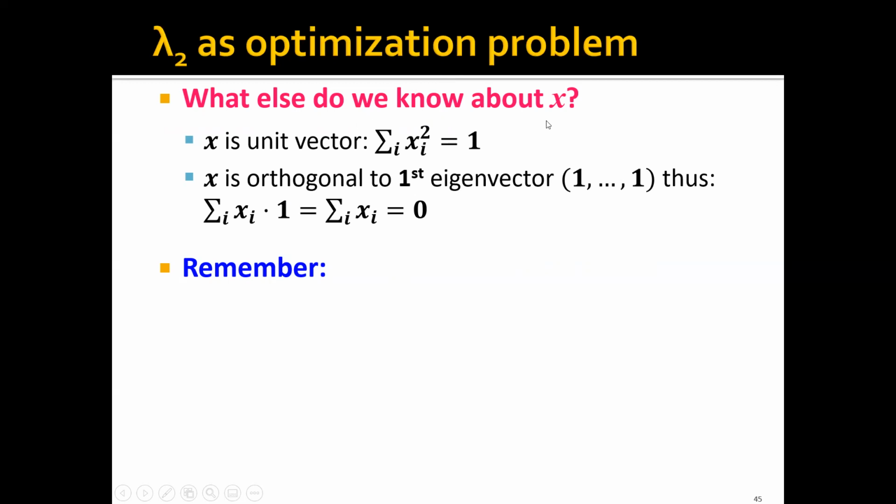Also, since it's the eigenvector corresponding to the second smallest eigenvalue, it has to be orthogonal to the first eigenvector. We already know that for any Laplacian matrix, its first eigenvector is a vector of all ones, and just to remind you, its first eigenvalue is 0. Therefore, the sum of xi for any such vector x is 0.